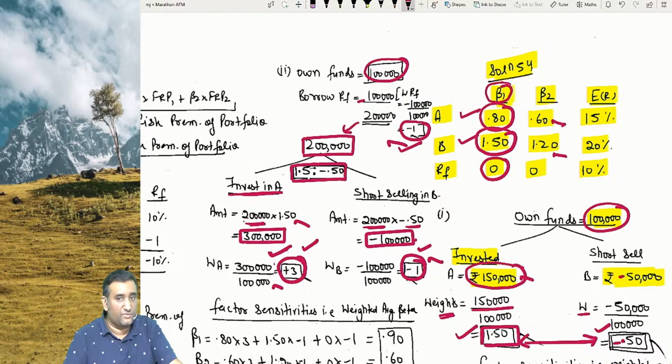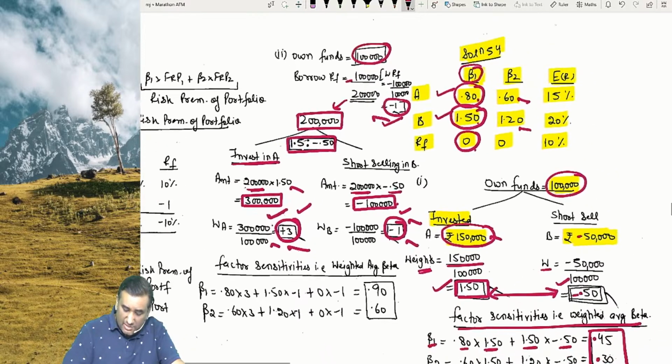Understand what I'm saying? It's risk free also now. So you'll do 0.8 into 3 because 3 times your position you are leveraging. 1.5, basically weighted average beta we are calculating. So beta B1 would be equal to 0.8 into 3, 1.5 into minus 1, 0 into minus 1, and we get factors.